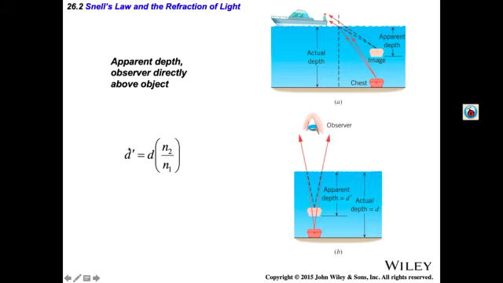Now, this is a good formula to remember. I'm going to write the apparent depth because I like problems that deal with apparent depth. This is where the object appears, D prime, and D prime is equal to D times N2 over N1.